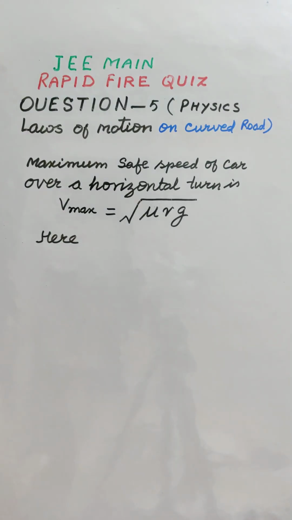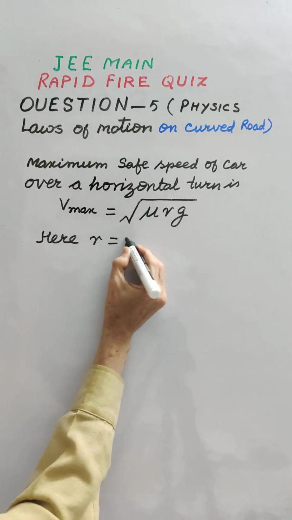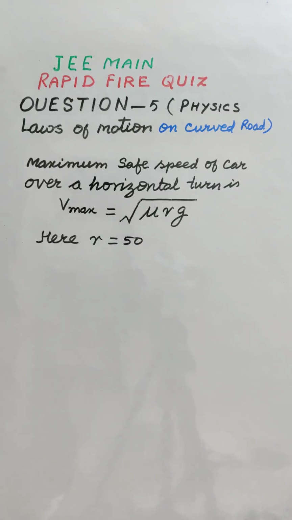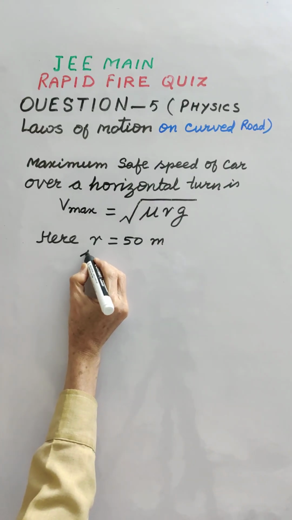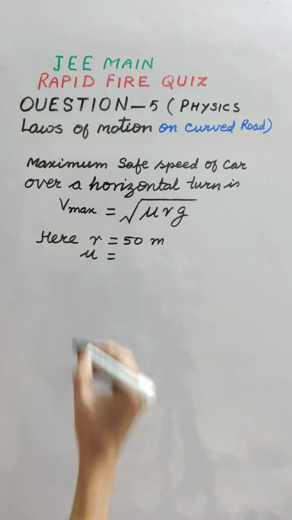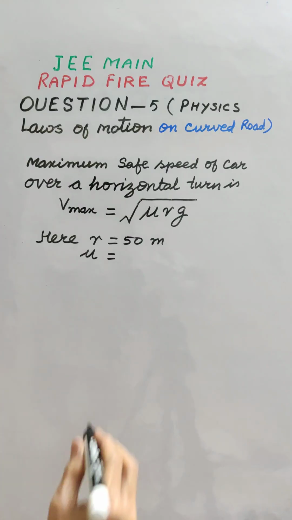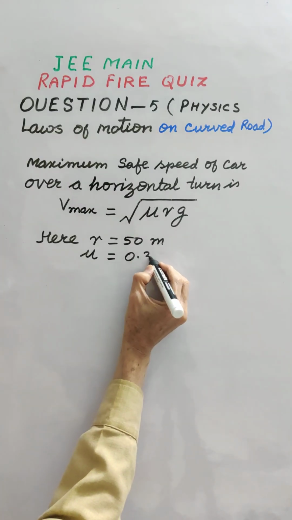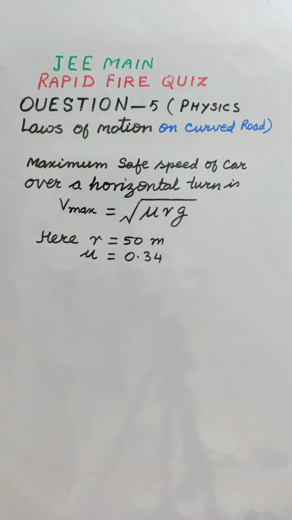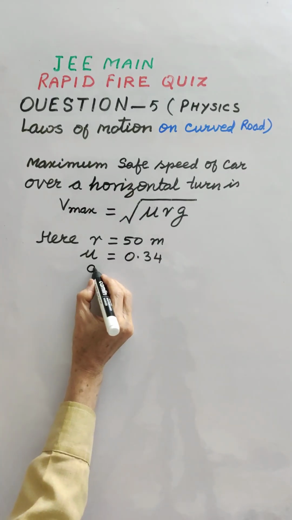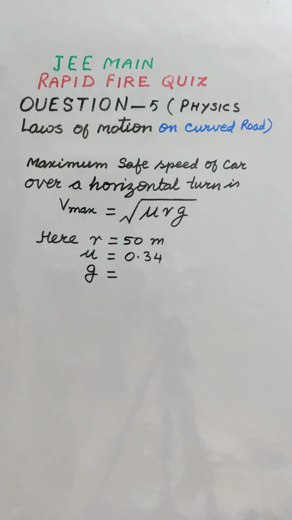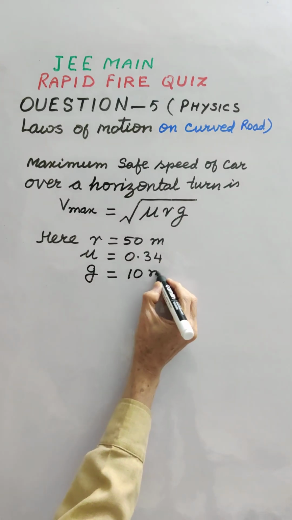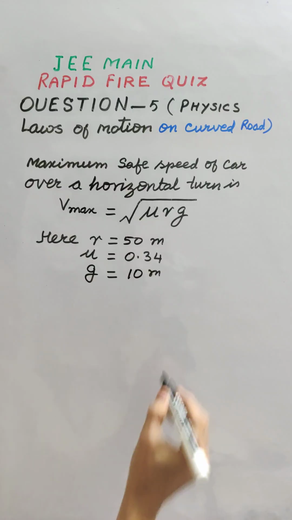Here r is the radius, which is 50 meter, mu is friction, which is 0.34, and g is gravitational acceleration, which is 10 meter per second square.